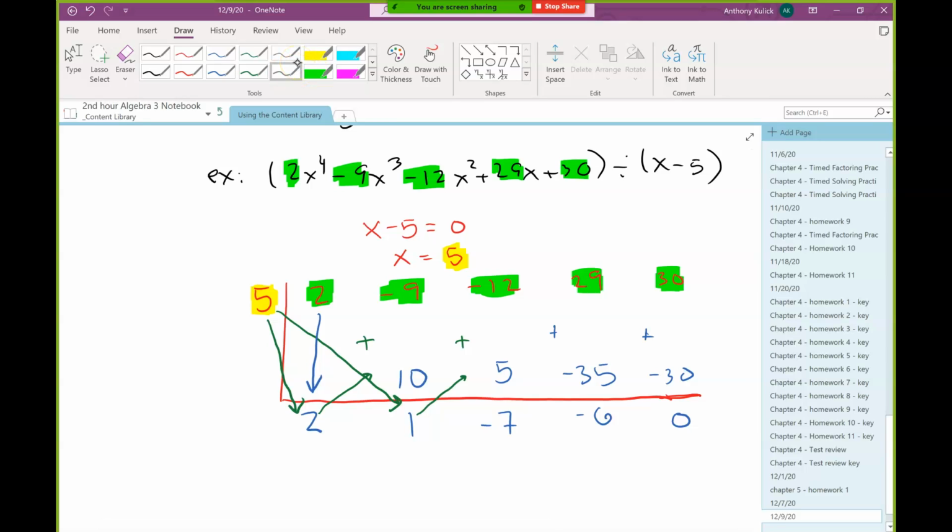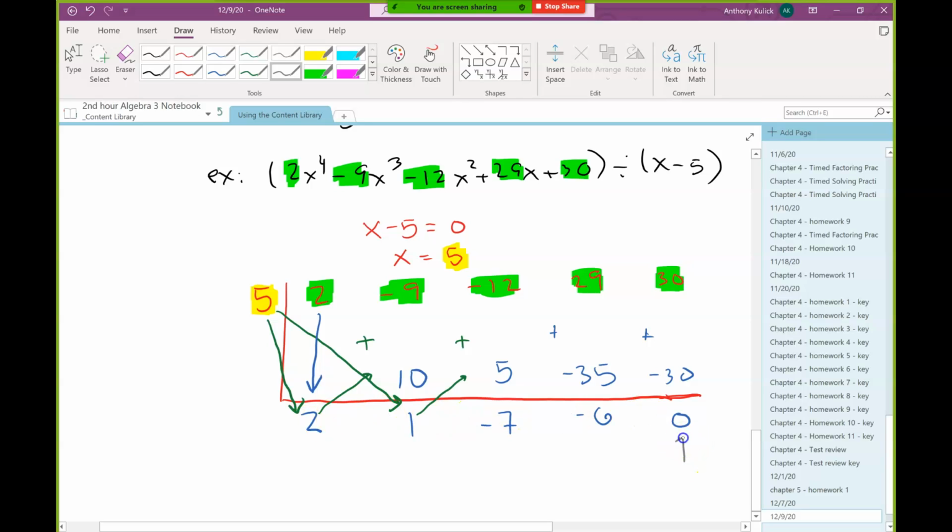And you'd probably go, wait, what? Where's the answer? Well, these numbers at the bottom are going to tell us our answer. It's just about learning how to interpret what these numbers at the bottom of our synthetic division problem mean. So we always read from the right to the left.